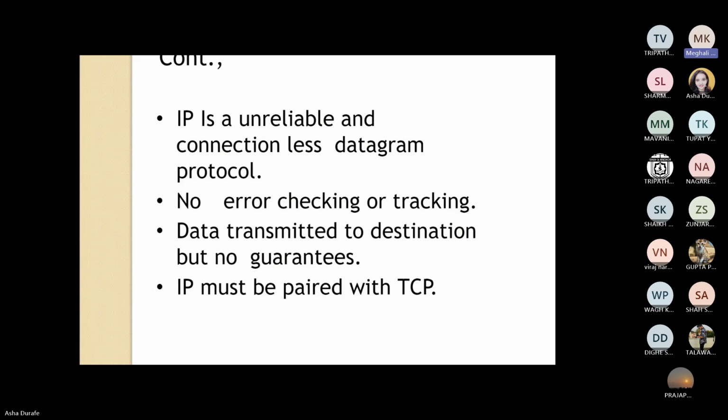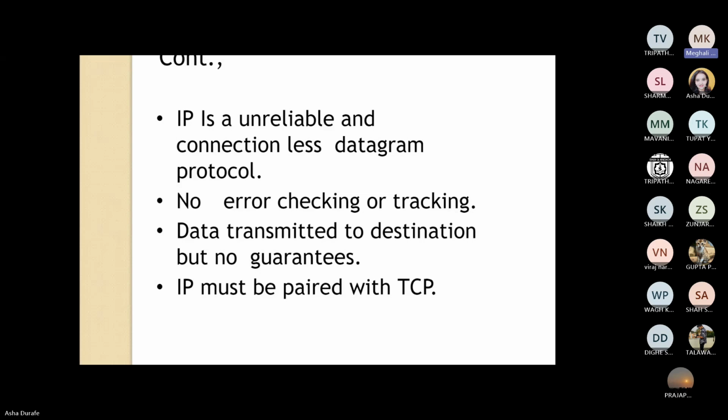TCP is a reliable, connection oriented protocol. UDP is connectionless, unreliable. And similarly, IP is an unreliable and connectionless datagram protocol. That means the packets which we are handling here in the network layer are called datagrams. So this is a datagram protocol.